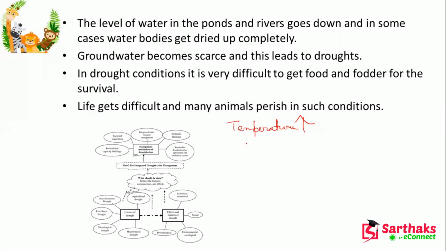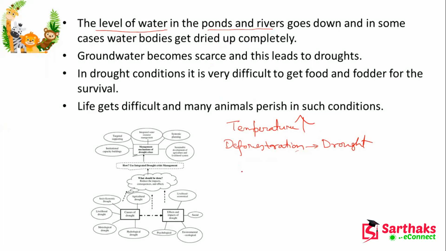Now, whenever there is deforestation beyond limit, you can see that there will be some drought. Another thing that can happen is that the level of water in the ponds and rivers goes down, and in some cases water bodies get dried up completely. You can see that the rivers and ponds dry up in the summertime.